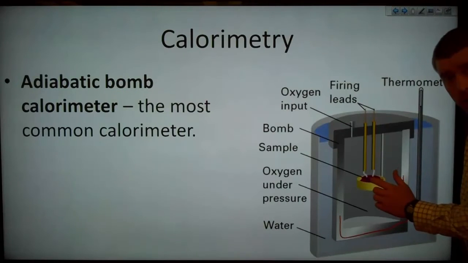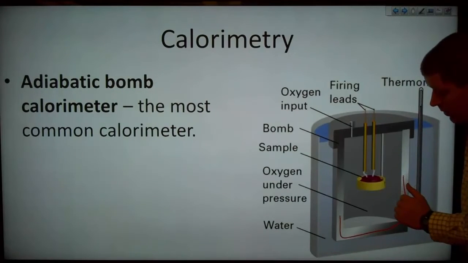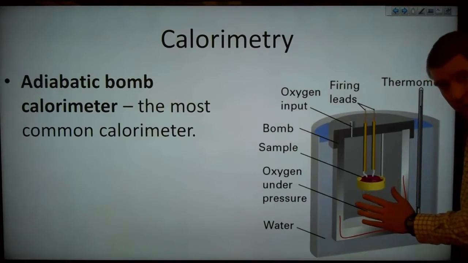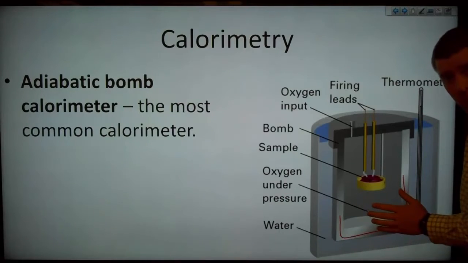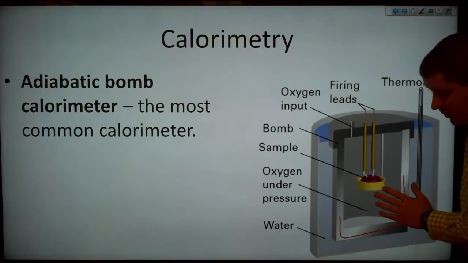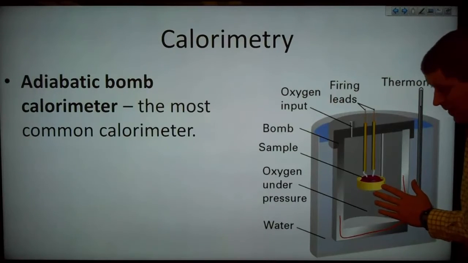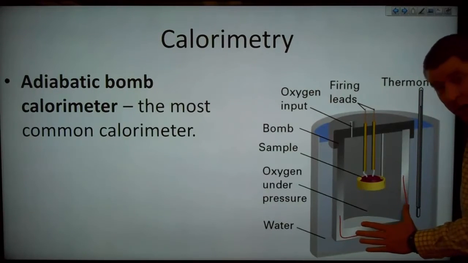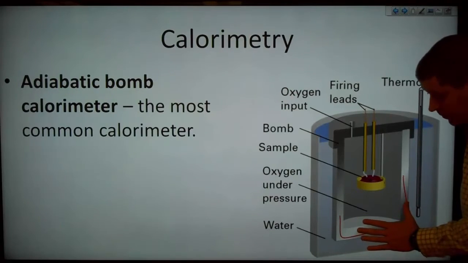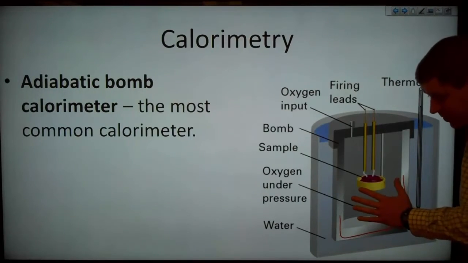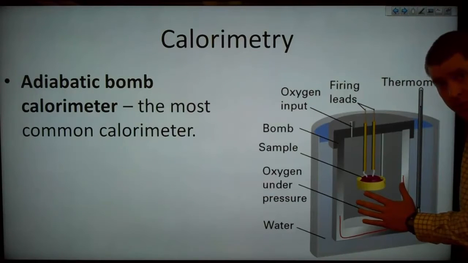We have our sample sitting in a crucible here that we've got some electrical firing leads going into, and when we apply a voltage difference across those firing leads, we can then combust that sample, and the sample can be either solid or liquid. Because we've got it under a relatively high pressure, there's plenty of oxygen for our sample to combust.